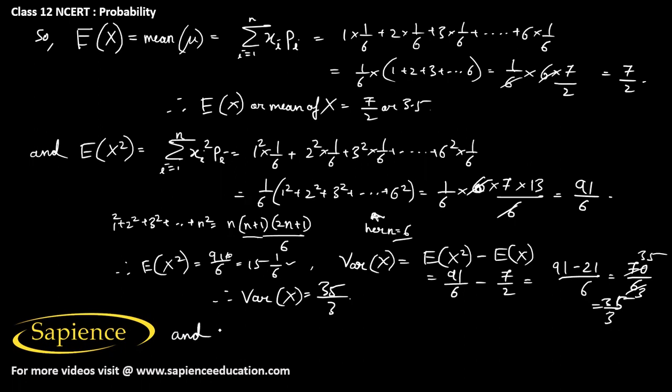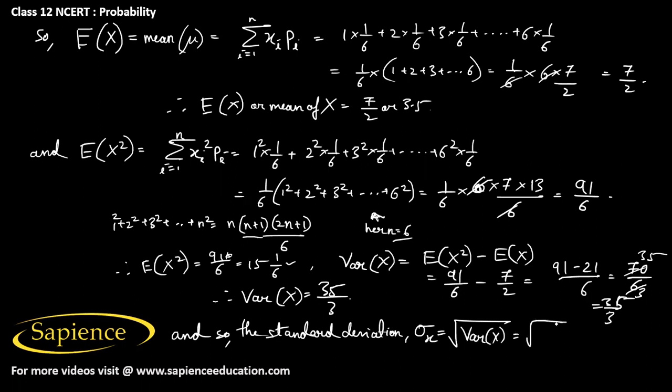And so the standard deviation of the random variable x, that is sigma of x, would be equal to the square root of the variance of x.